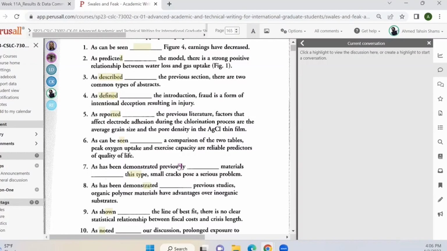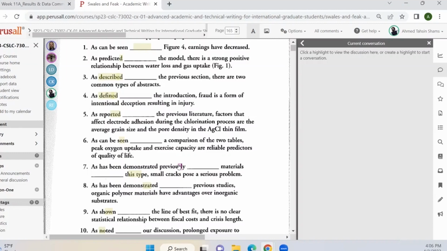With materials of this type. Here the materials influence the preposition, not the verb, because we could use in or something else with demonstrated earlier.